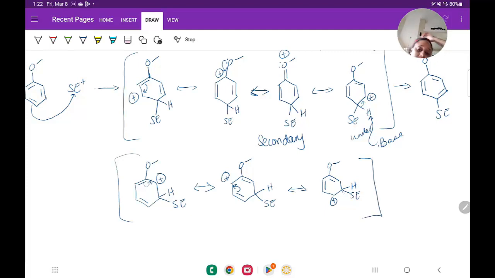And so notice that when we try to draw these resonance structures, we are unable to use that electron donating group to help stabilize. So we actually end up with more resonances here in the ortho and the para position is what you're going to see. I didn't draw the ortho, but the ortho does the same thing.